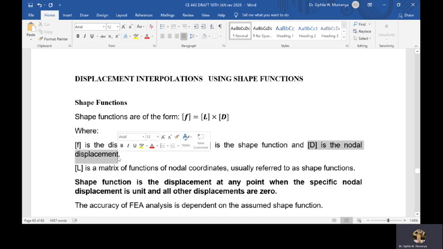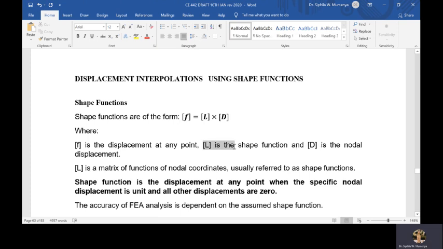So we have introduced here any point and nodal. In our first lesson, we were talking about nodes 1, 2, and 3, but between the two nodes, there are points. How are those points displacing also, relative to the different nodes along the boundary?